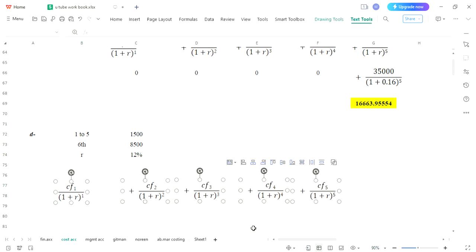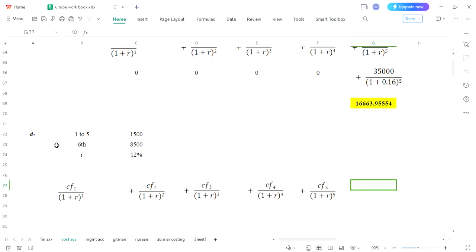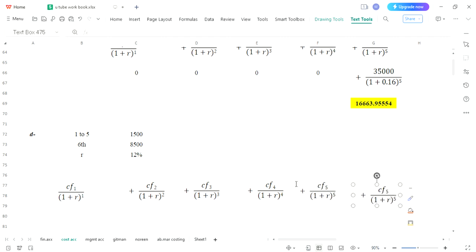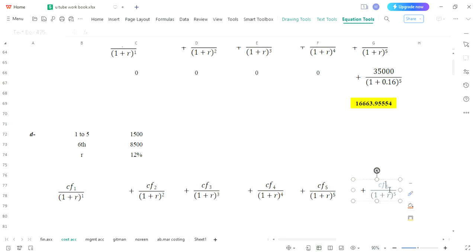All formulas would be written, and note down we have 6 as well. So another valuation formula would be used over here just by changing its 6th cash flow. So just write down 6, and you will change the raised to power as well.